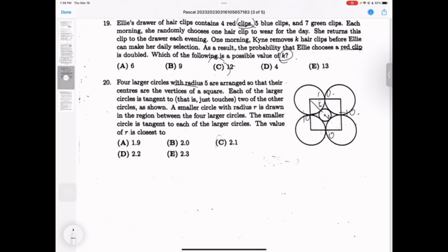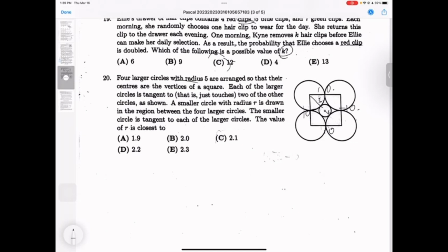So we basically need to find the value of r. According to the Pythagorean theorem, the diagonal, which is this line, must be the square root of 10 squared plus 10 squared, which is the square root of 200.